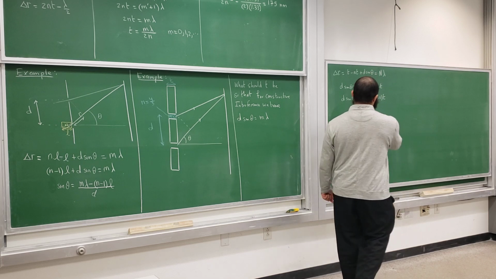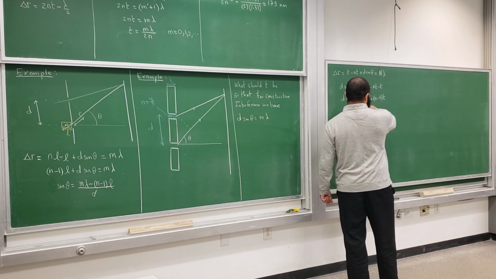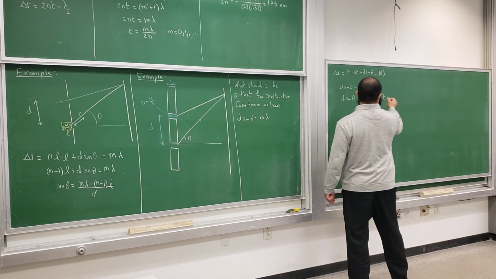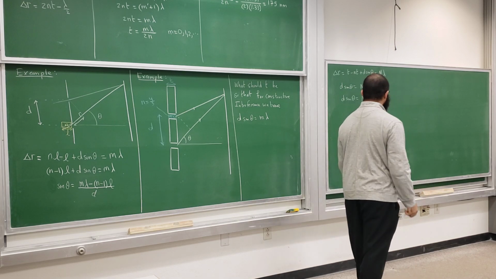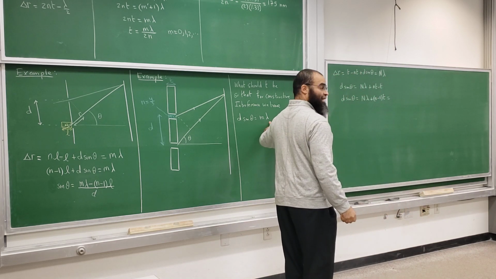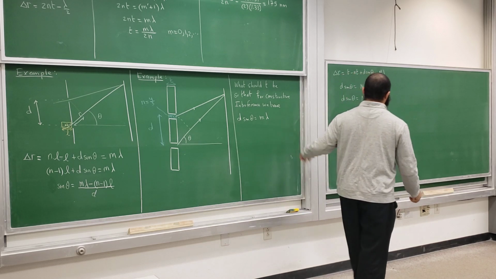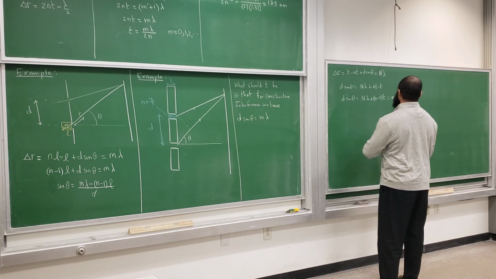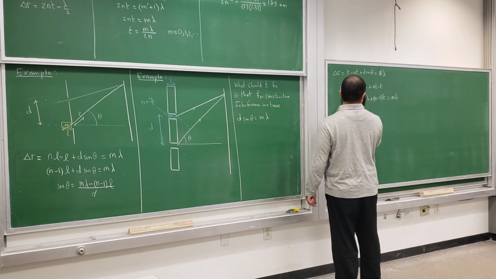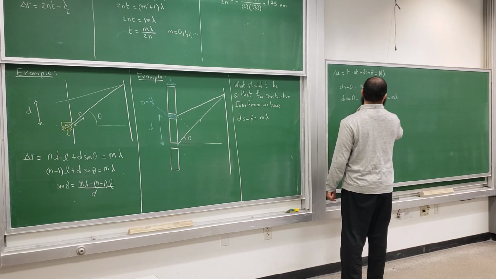Capital N is an integer, and I still want this right-hand side to be m times lambda. This will allow me to solve. Let's move N lambda to the other side.